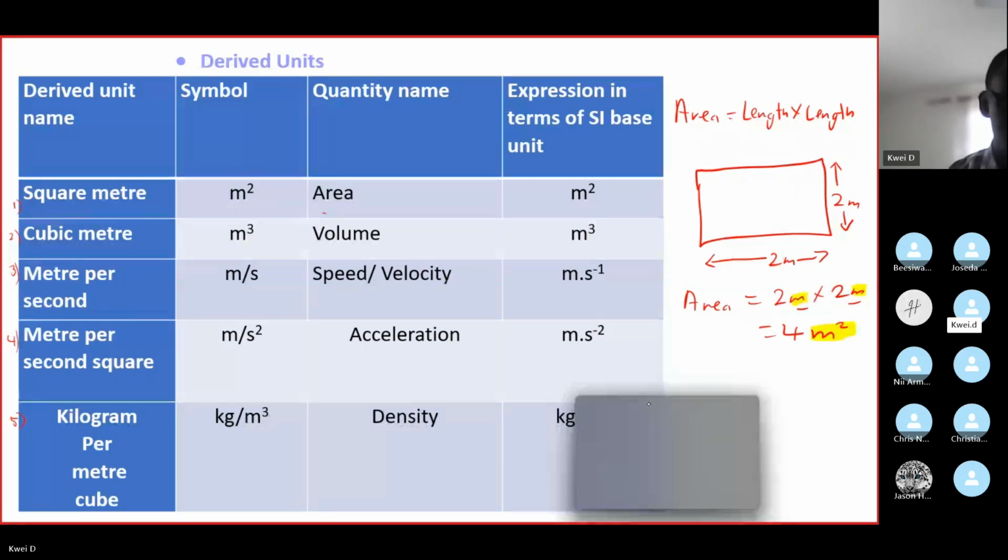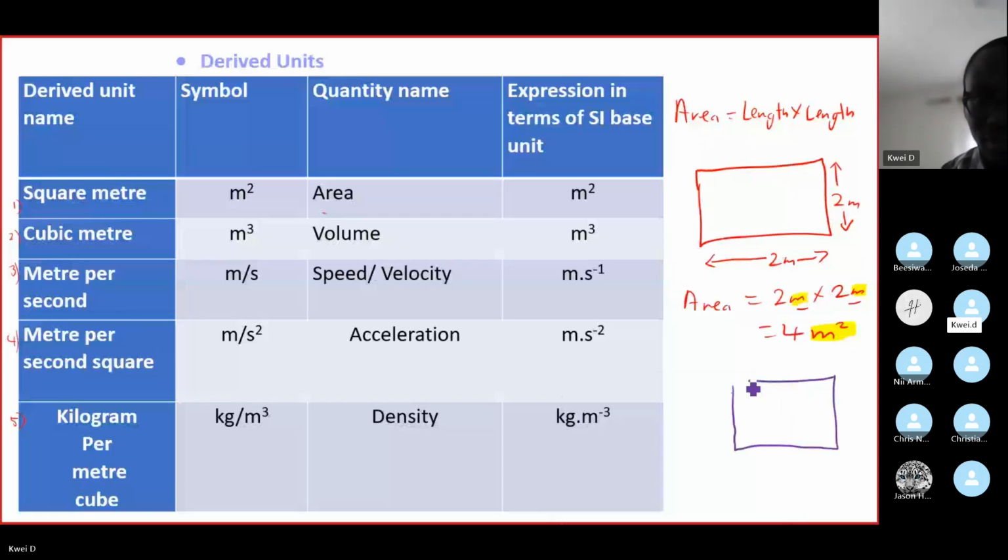So volume in the sense that if, let's say, we take a cube like that. Okay, so this one is a three-dimensional object. And let's suppose it also has the length, breadth, and height of 2 meters.